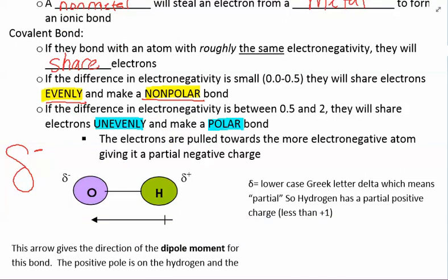Another way you can think about this is how many lone pairs of electrons they have. Oxygen has 2 lone pairs of electrons. Generally the atom with more lone pairs of electrons is going to be the more electronegative one. So with this relationship between the hydrogen and the oxygen, the electrons are going to spend more time on the atom that has more lone pairs because they tend to be more electronegative.